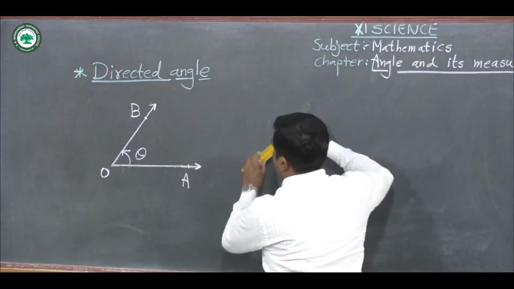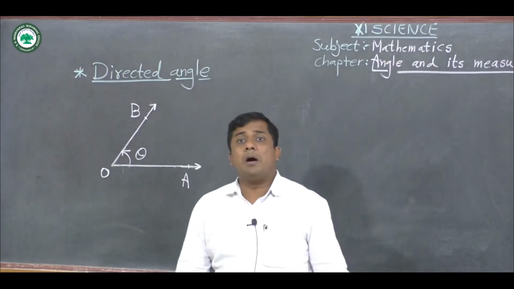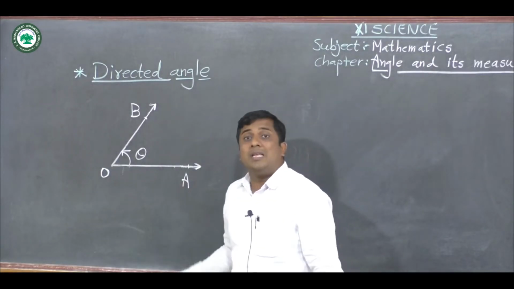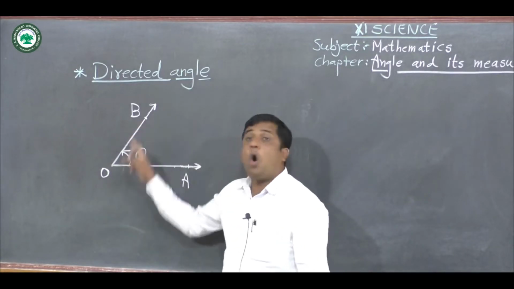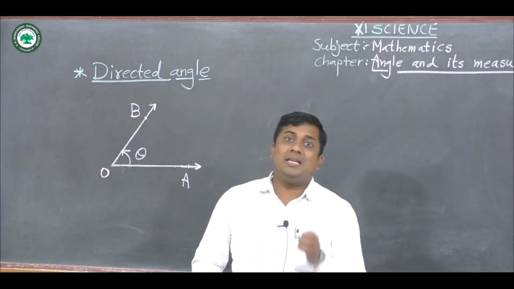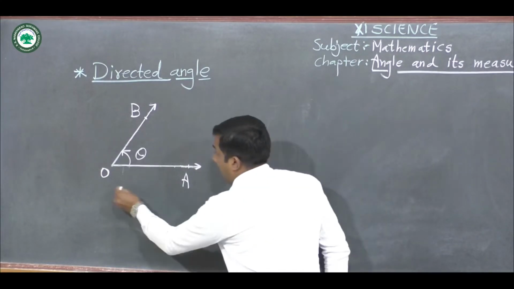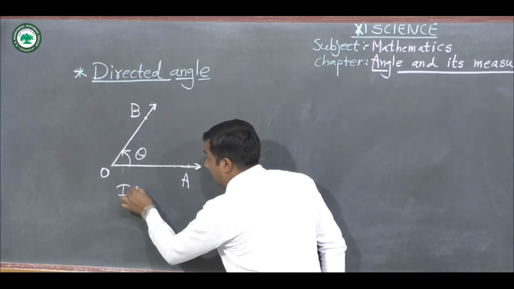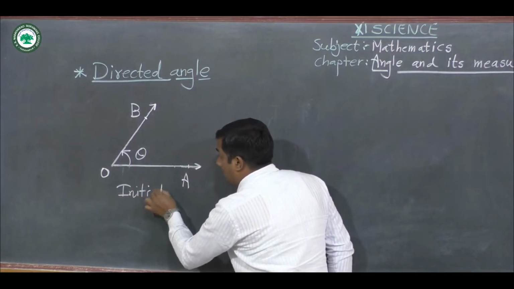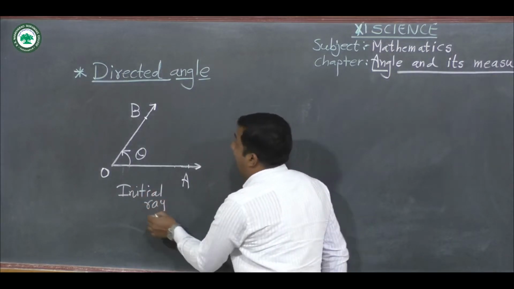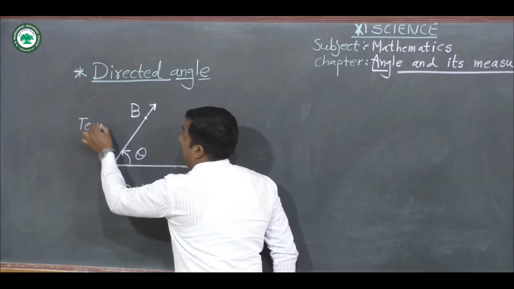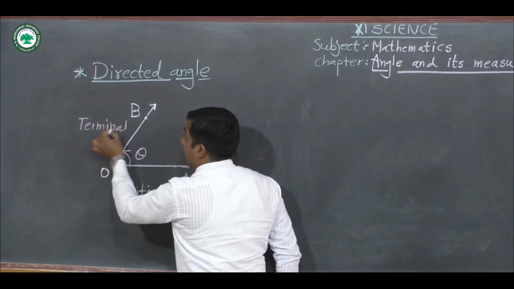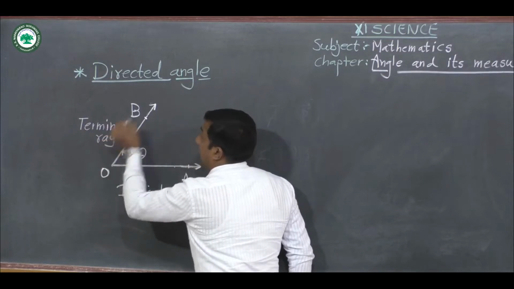Firstly, remember this ray OA is called the initial ray, and ray OB is called the terminal ray. I write initial ray for OA and terminal ray for OB.